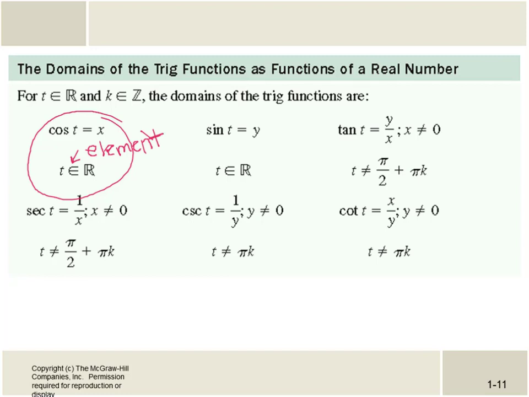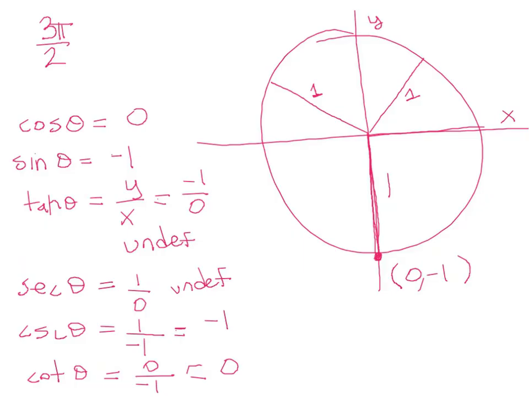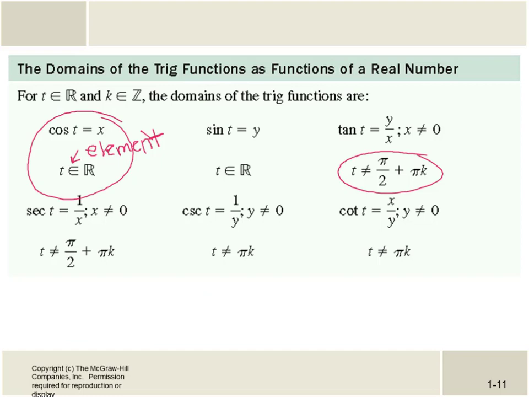Again, for sine, it's defined everywhere. Tangent is basically not defined where cosine is equal to 0, which is at pi over 2 and 3 pi over 2. That's what that meant. So don't get too caught up on this. We'll learn this notation later. And then, of course, the reciprocals all have a restriction on 0 being in the denominator. Okay? Does that make sense?